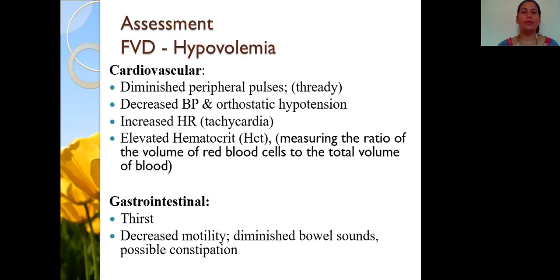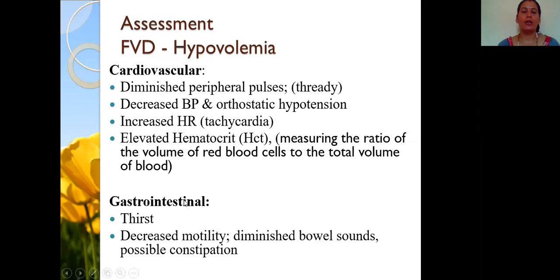Okay, when we assess the patient of hypovolemia, we see different clinical manifestations in the patient. We go through it system wise. First one is the cardiovascular system. Here we see the diminished peripheral pulse, thready pulse, decreased blood pressure and orthostatic hypotension, increased heart rate tachycardia, elevated hematocrit level.